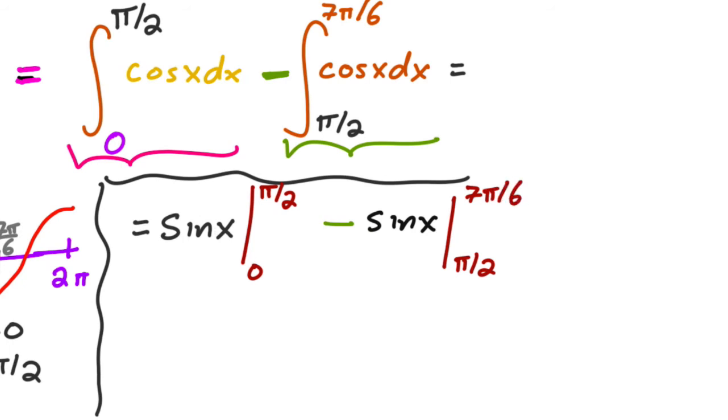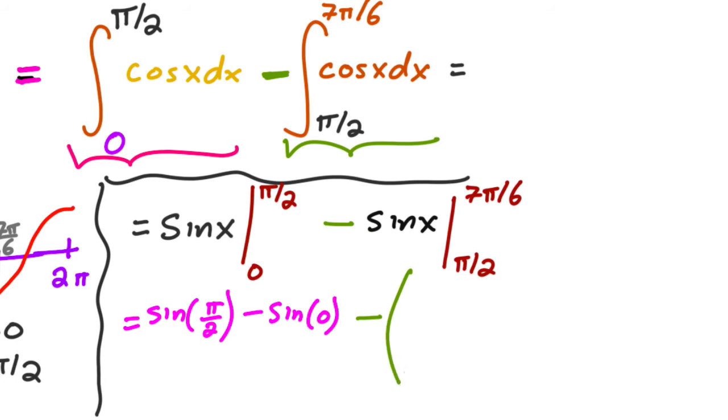Okay, so then we just plug it in. So we have sine of pi over 2 minus sine of 0. The main thing now is to be careful with your signs, because you have this negative sign here that could mess things up. So I'm just going to put everything in parentheses here. And then plug in 7 pi over 6.